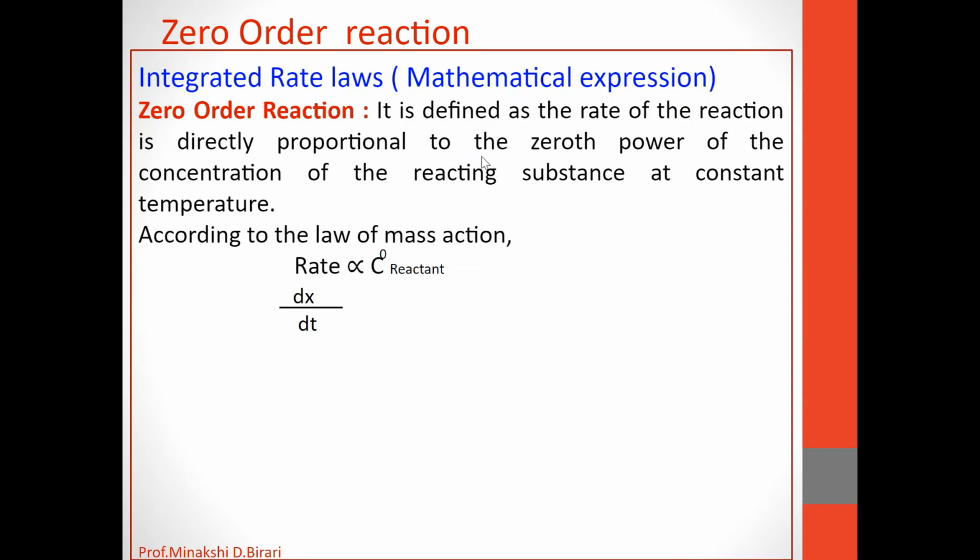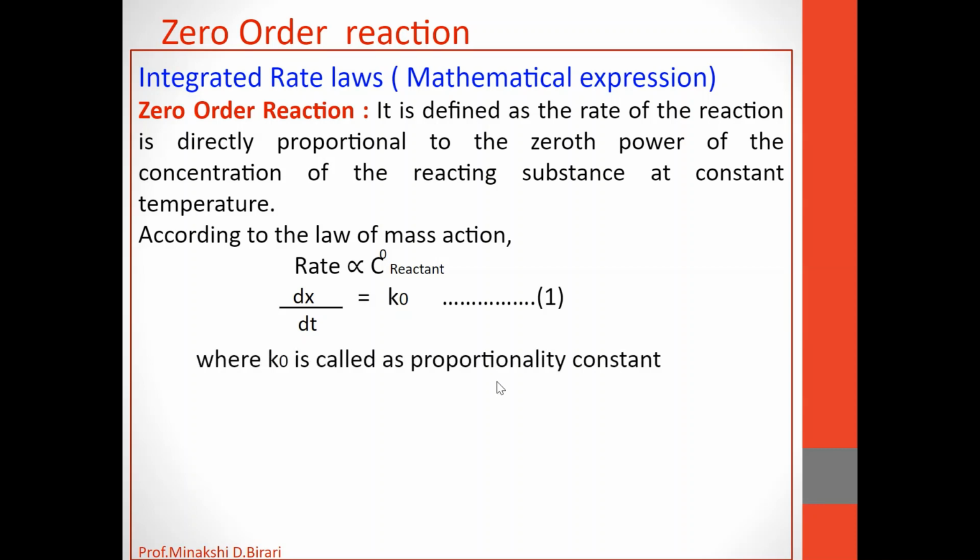Also we can write dx by dt is equal to K0. If we remove the proportionality sign, we can write equal to and constant K0: dx by dt is equal to K0. In this, K0 is called the proportionality constant, that is the rate constant of the zero order reaction.